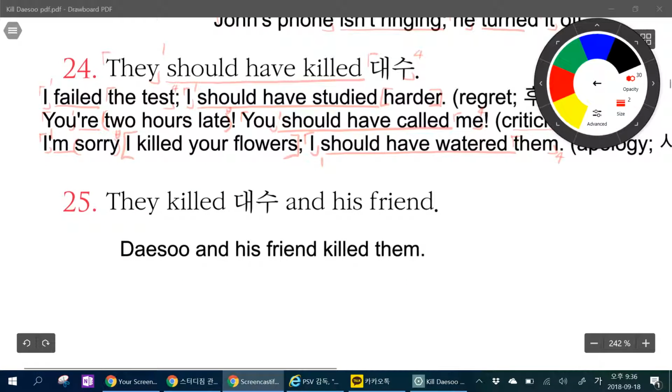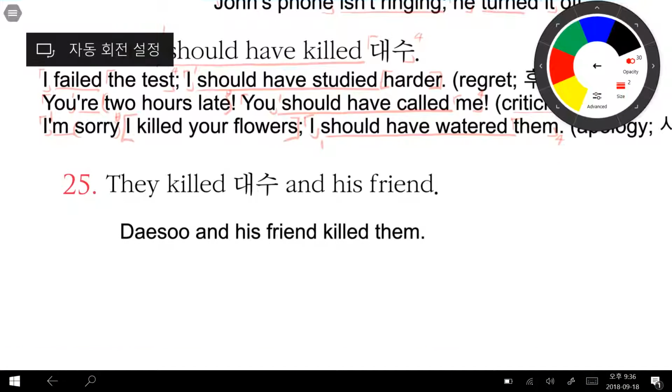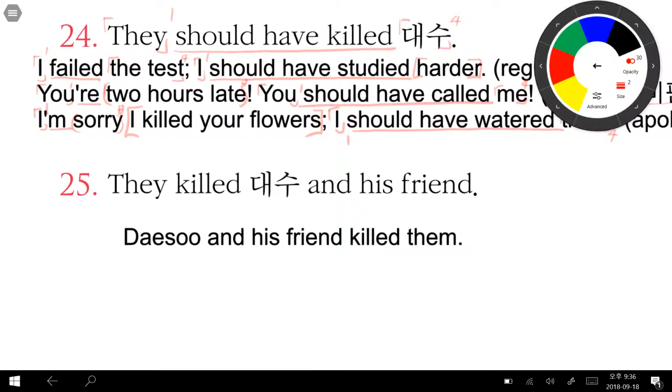Sentences 25 through 29 present different types of compounds: compound subjects and objects, compound predicates, compound sentences, and compound complements. In sentence 25, they killed Desu and his friend.